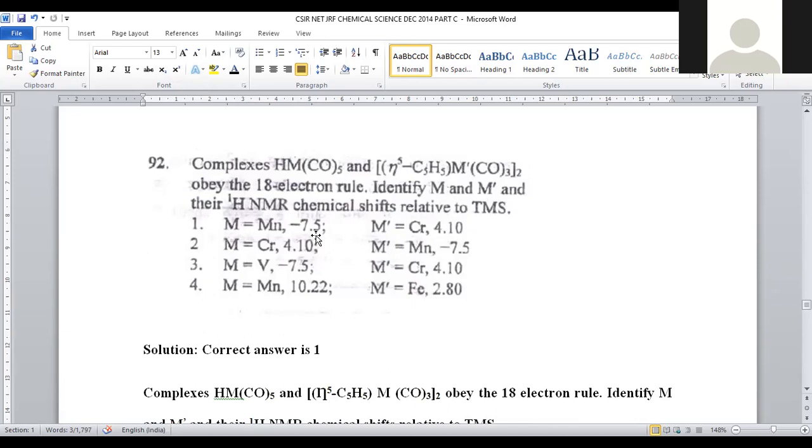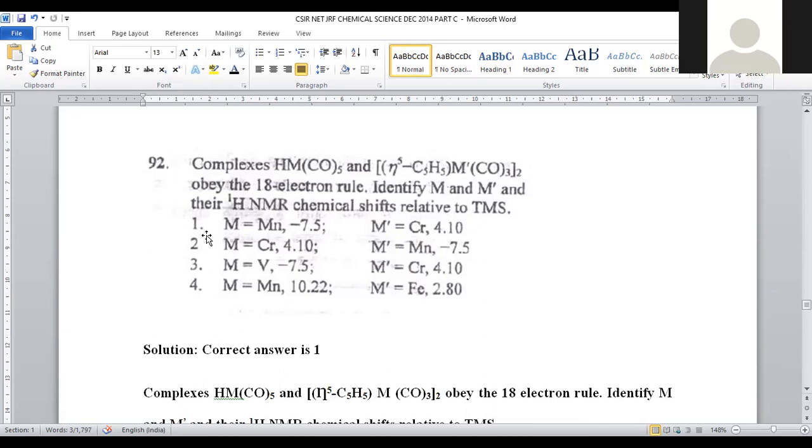With respect to tetramethylsilane, if values move up, that is upfield, denoted with minus 7.5. For chromium, it will be 4 and 10, being attached with 2 kinds of cyclopentadienyl systems. Here they are giving 2 sets of signals at 4 and 10 ppm, right?